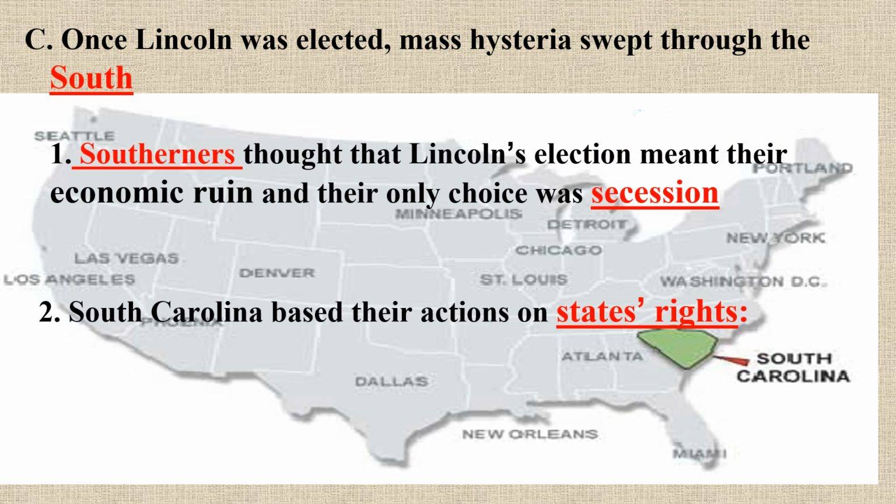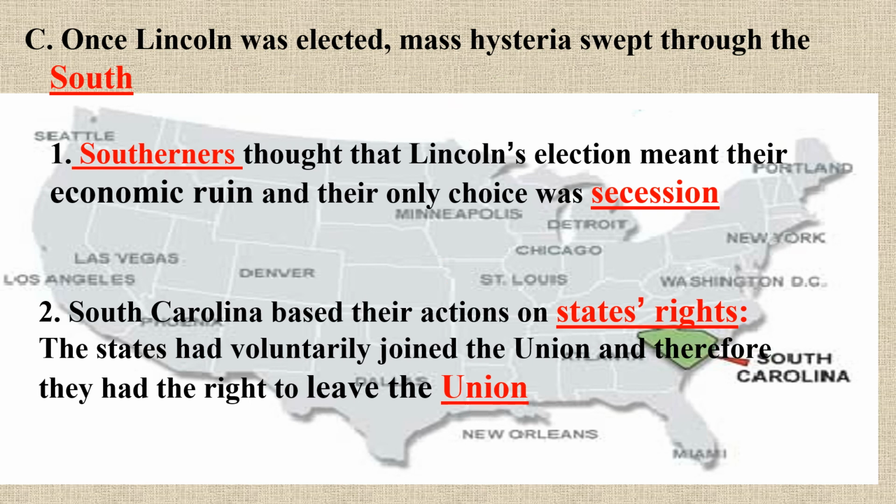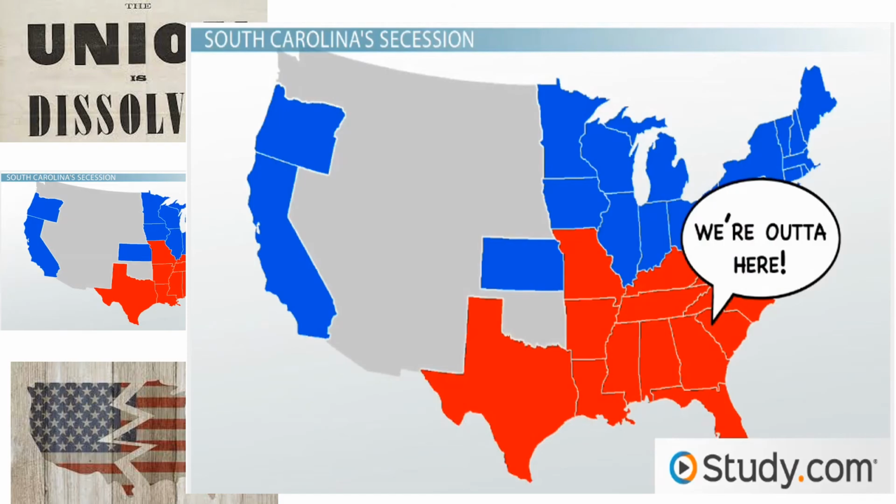Remember, that means to leave. So South Carolina said that they had the right to leave the United States based on states' rights, that they had chosen to join the USA, and therefore they have the right to choose to leave the USA. So in 1860, right after Lincoln's election, South Carolina secedes from the USA, so they leave.